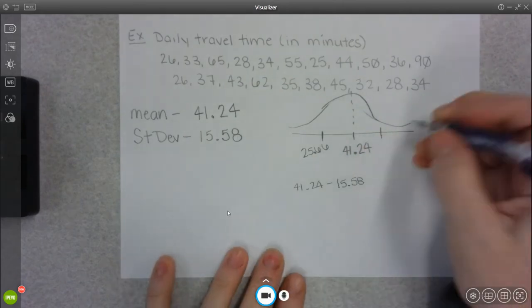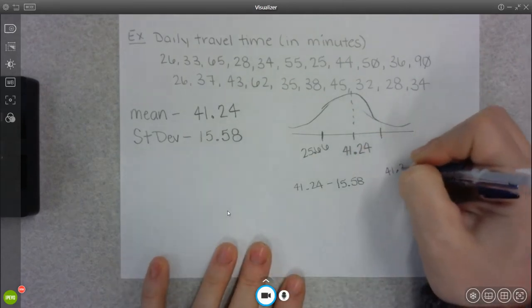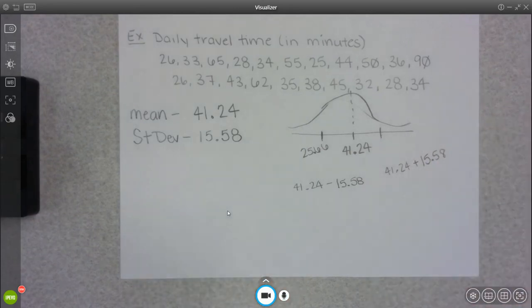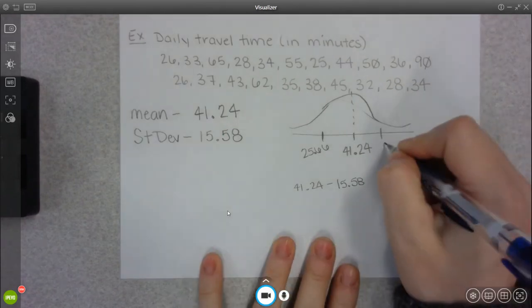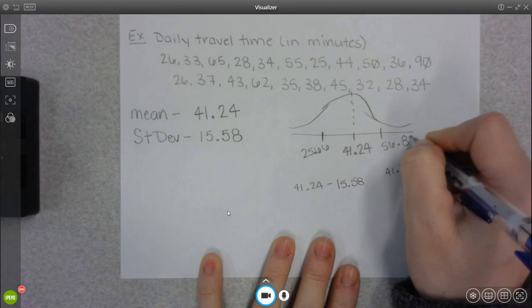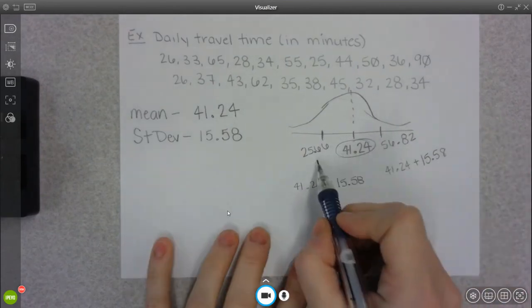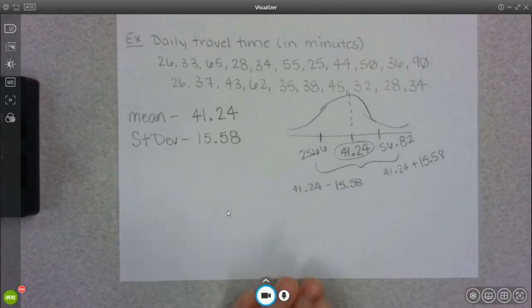And then for this one, I'm going to do 41.24 plus 15.58, which gives me 56.82. So I know this is the mean, and a good chunk of my data, 68% to be exact, lives between the values of 25.66 and 56.82.